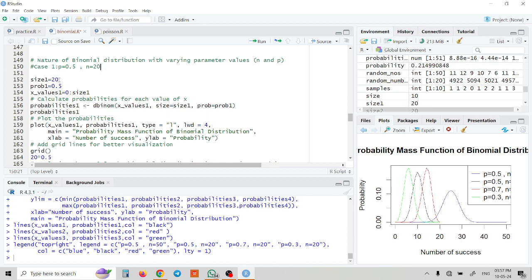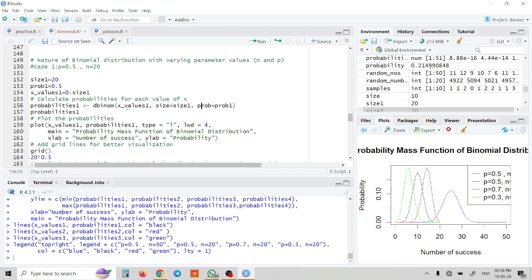Since we are doing four cases, we are assigning all the arguments to different objects. Okay, to plot the probability we need the dbinom function. This is used to find out the probabilities for each value of x, and these are the arguments needed for that.